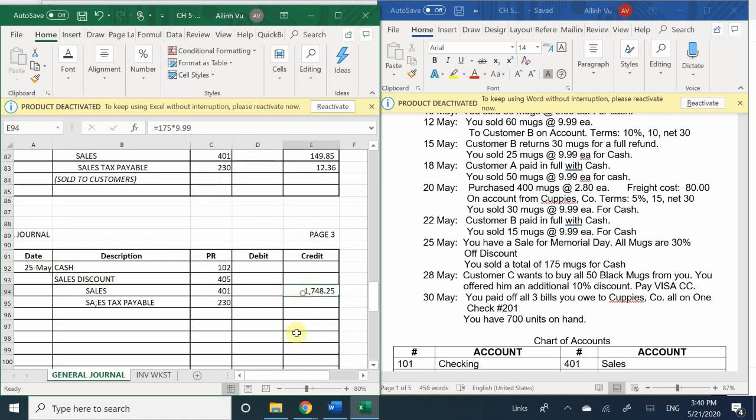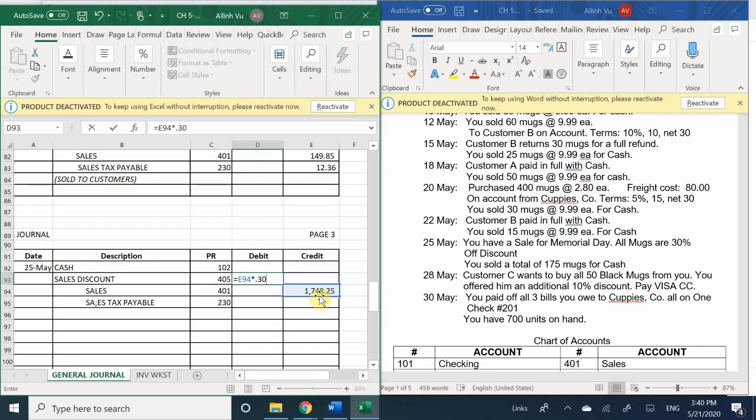So far I have this, all right? Now, how do I determine the discount off of the sales? Well, we multiply 1748.25 by 30%. Exactly. We need to solve for the total amount of sales in order to solve for the discount.